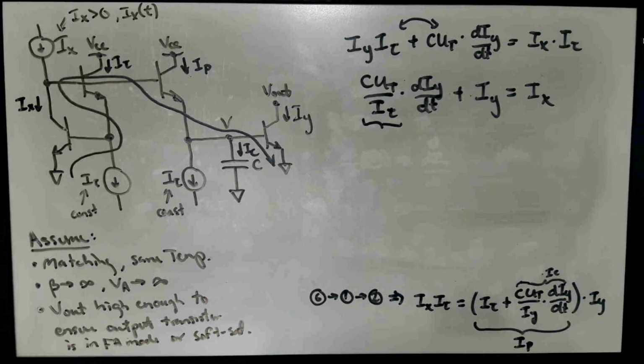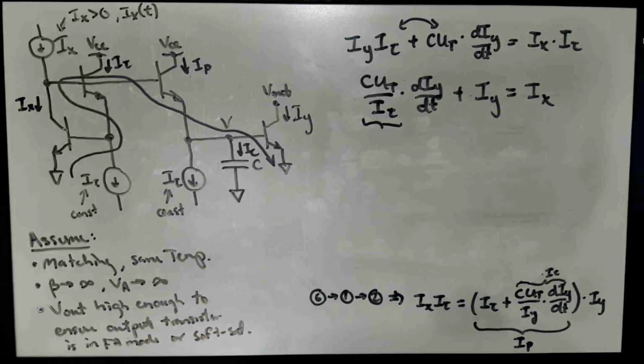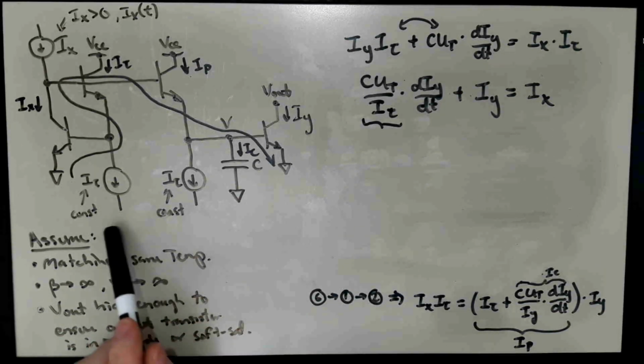So it's the capacitor that we put here in the circuit. It might have a value of some number of picofarads, let's say, if it's an on-chip capacitor. And then the UT is the thermal voltage, 25 millivolts at 300 Kelvin. And then I tau is this constant current that we're supplying.